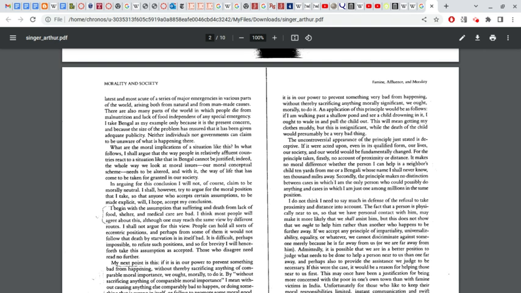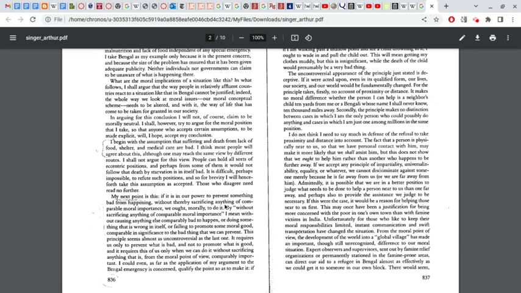Now, of course, what's absolutely important is to note that there are two versions of this second principle, or two versions of what Arthur would call the greater moral evil rule.